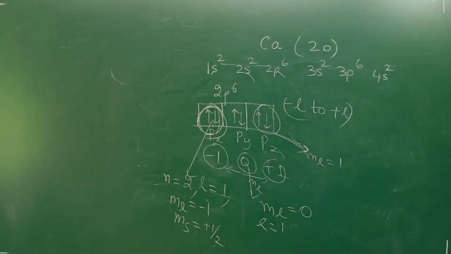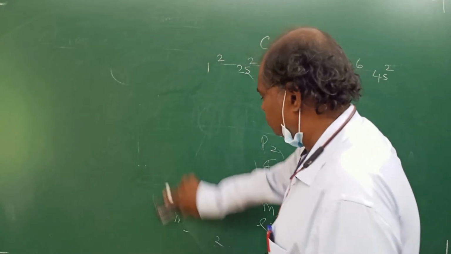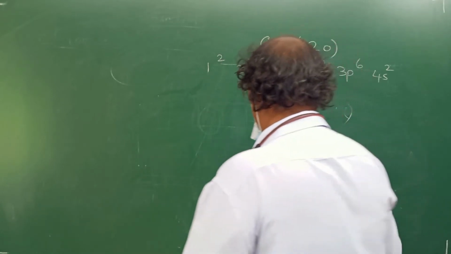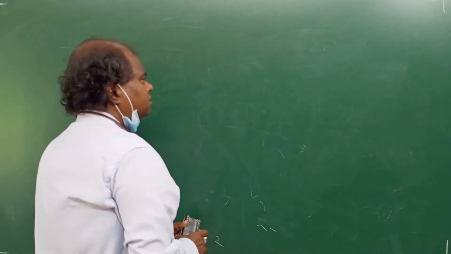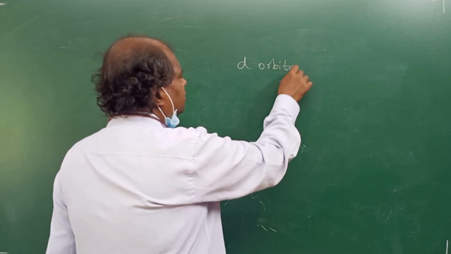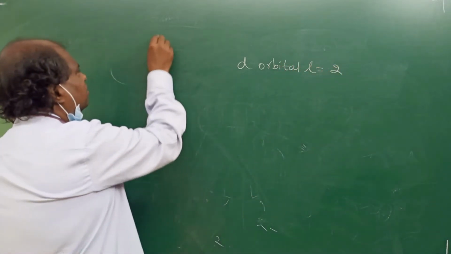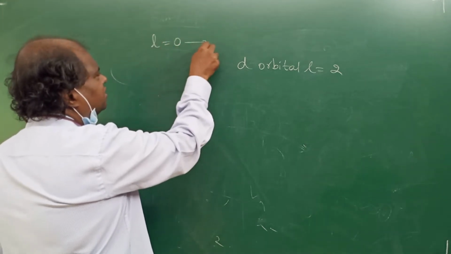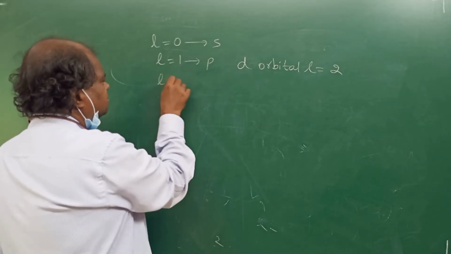Let me give you some questions now. I hope you're understanding. For d orbital, L will be equal to 2. So let me write down now. L is equal to 0 means s orbital, L is equal to 1 means p orbital.